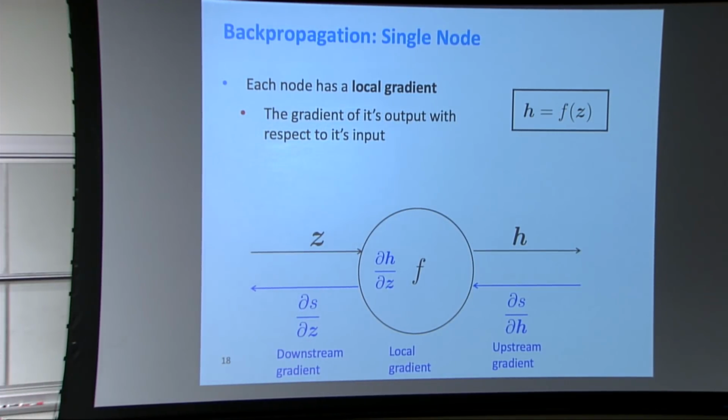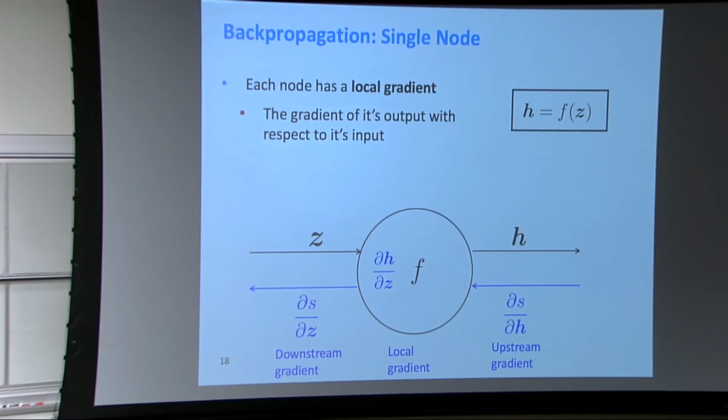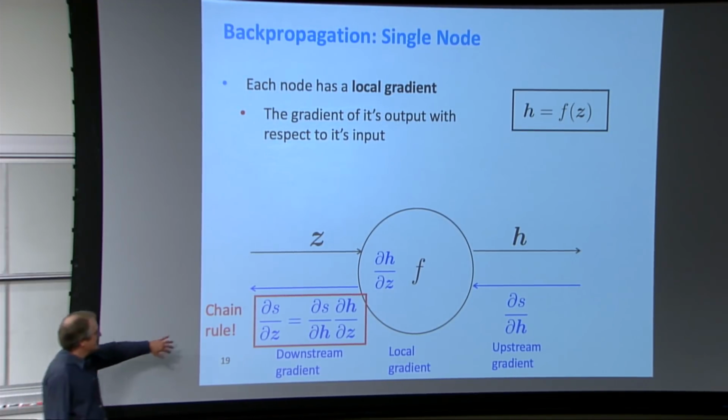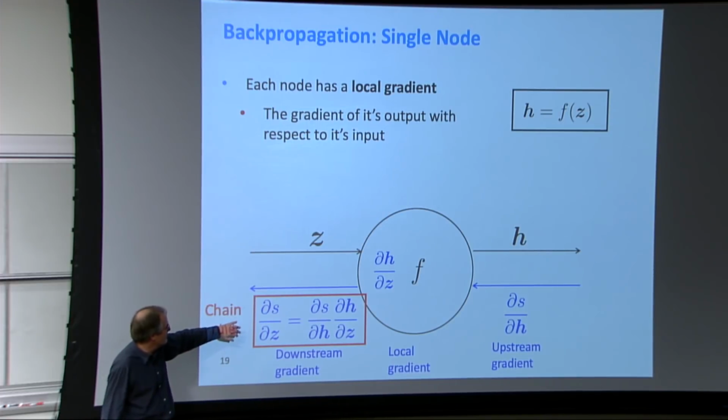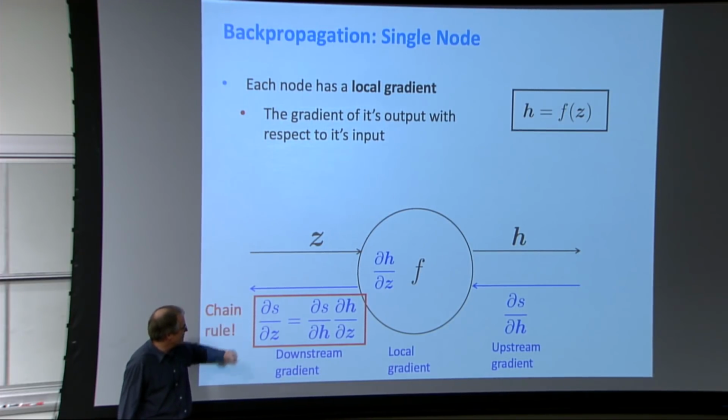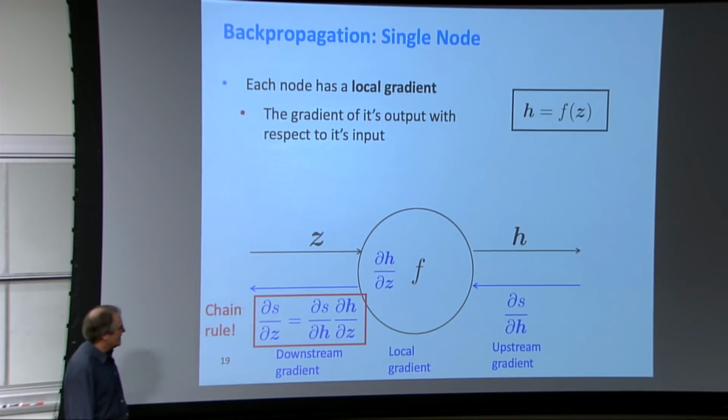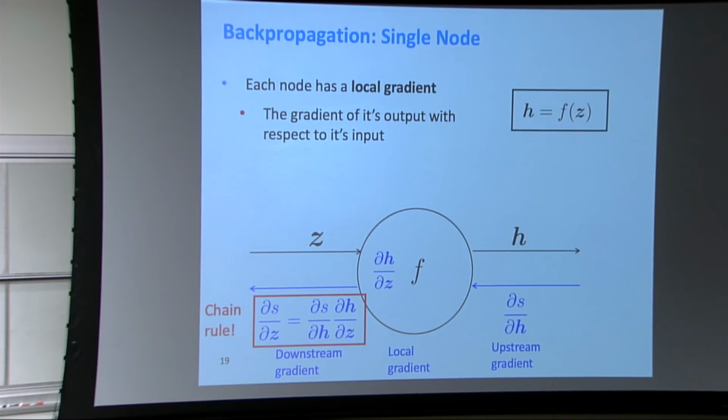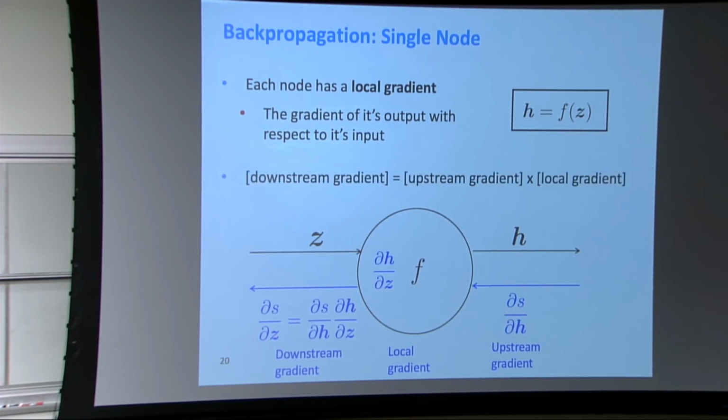And so then if we have both the upstream gradient and the local gradient, we can then work out the downstream gradient, because we know the partial of s by z is going to be ds/dh times dh/dz. And so then we'll be able to pass down the downstream gradient to the next node. Okay, so our basic rule, which is just the chain rule written in different terms, is downstream gradient equals upstream gradient times local gradient. Easy as that.